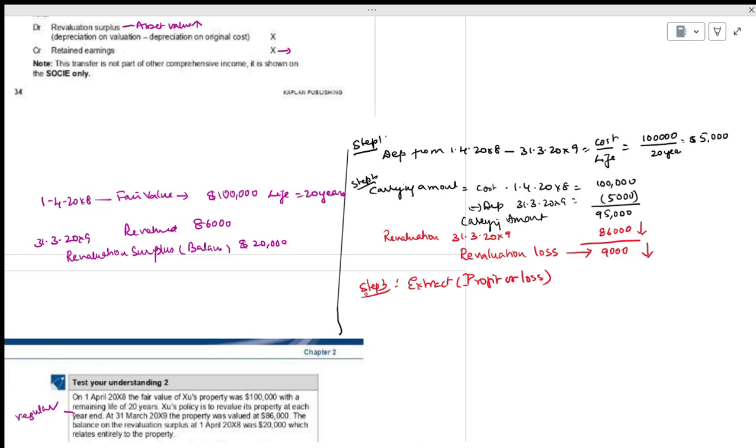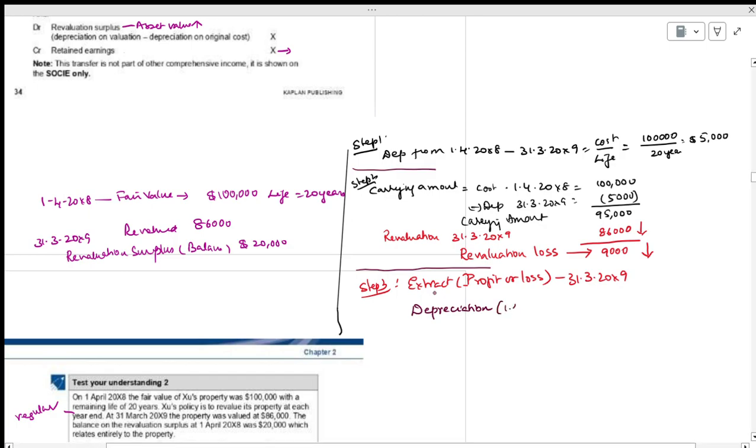How much will show as depreciation for the period 1/4/2008 till 31st March 2009? 5,000.